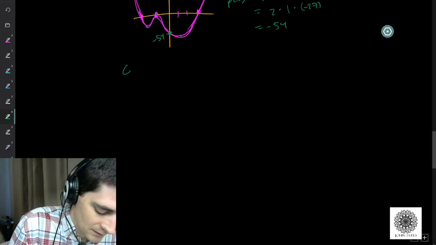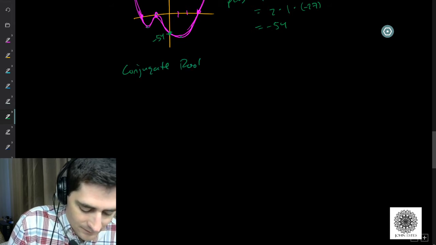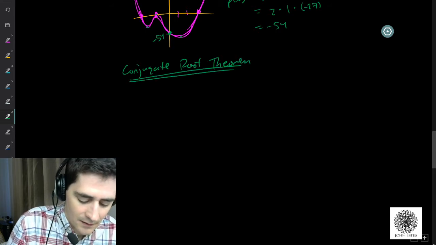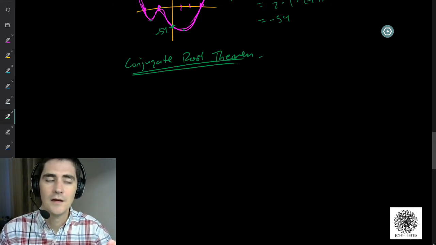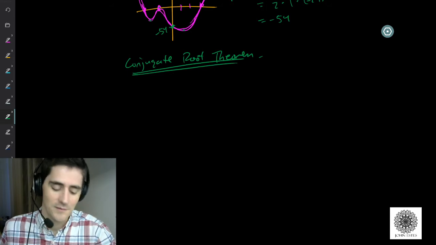All right, so this is called the conjugate root theorem, and this is related to the complex zeros, okay? So here's what happens. In a polynomial, if you have a complex zero, you're actually going to get two complex zeros because they always show up in pairs.